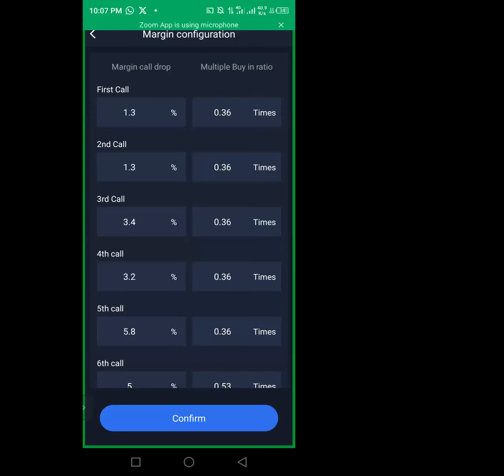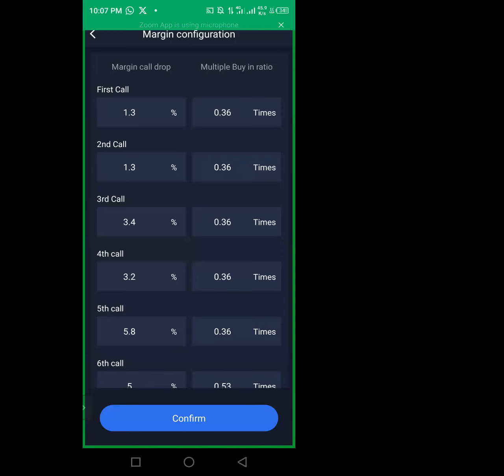But this margin call drop has to do with the way the coin is going down. What you are instructing your robot is at a certain percentage to buy for you. So if that coin drops the third time by 3.4%, your robot is going to buy another $11.